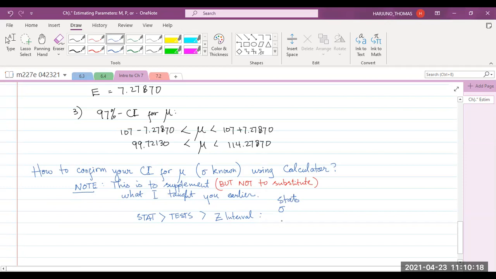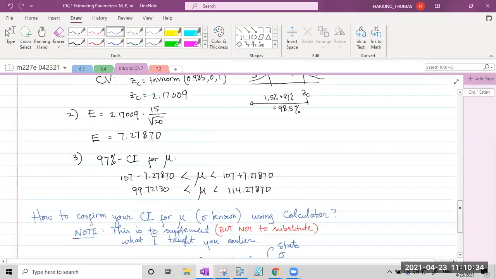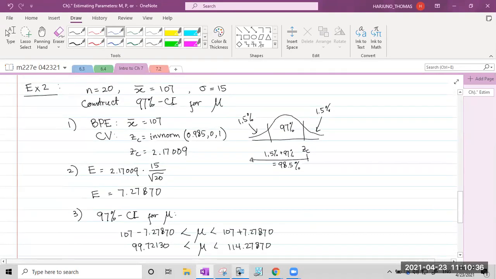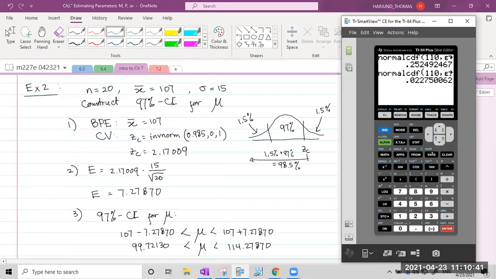You enter the sigma, you enter the sample mean, you enter the sample size, and then the confidence level. Okay, let me show you with calculator, using the example we have from above. And you will see later on why calculator doesn't help to substitute, but is helpful to confirm.